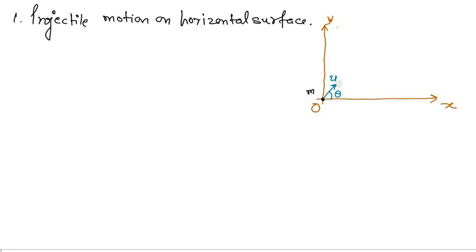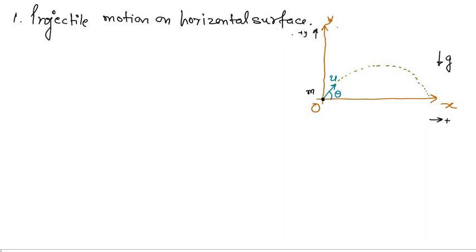Then this particle will go in this type of path and return at some point on the x-axis. This type of motion is possible under a constant force. Gravity g is acting in the downward direction, and we are taking the normal coordinates, where this is the plus x direction and this is the plus y direction.